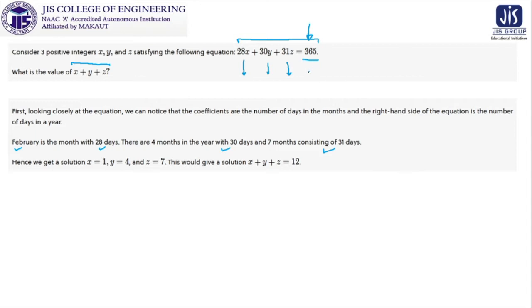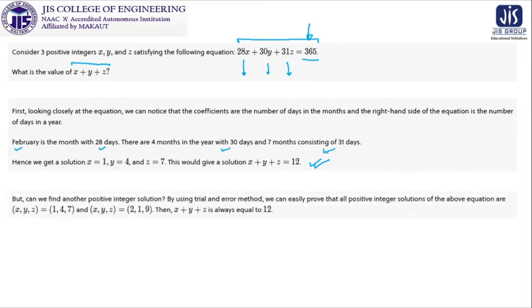And without doing anything, just by your simple, beautiful observation, you can get the value of x plus y plus z by putting the values 1, 4 and 7, and you will get 12. You may have a question: is it possible for all the problems? Is there any general technique, or some other technique to find it out? So let us check for that one.